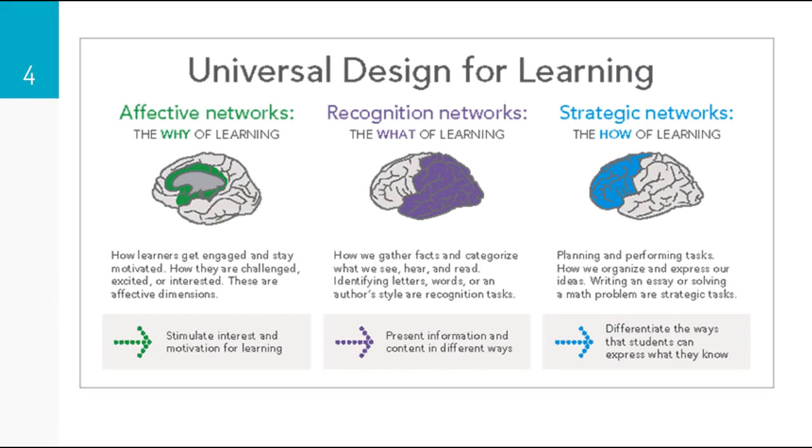The strategic networks is the how of learning, and that's showing what you know. So, how do you plan a task and organize your ideas and problem solve? And the idea behind it is to differentiate the ways students can express themselves.